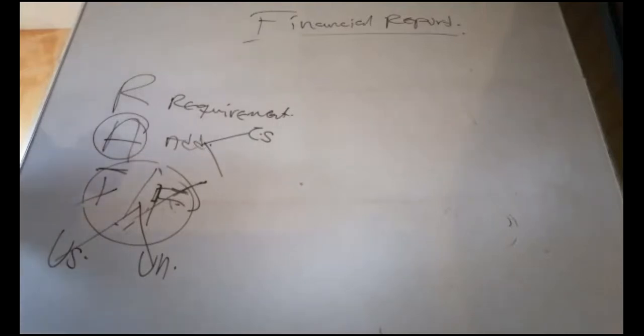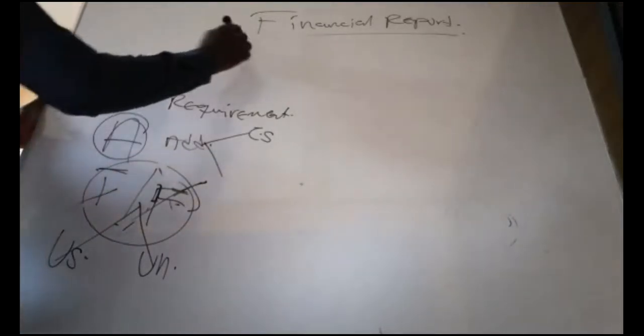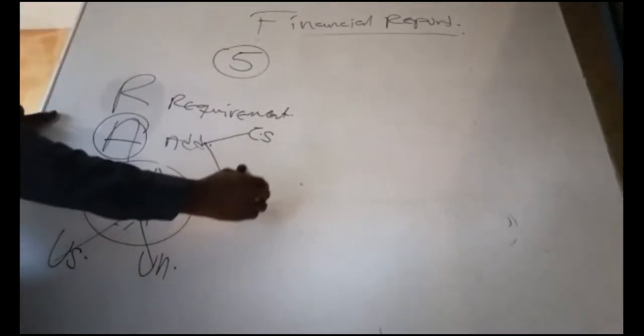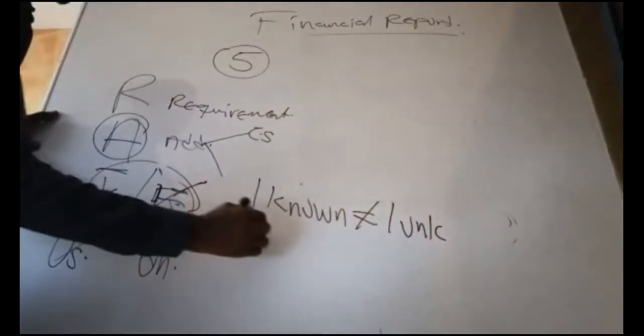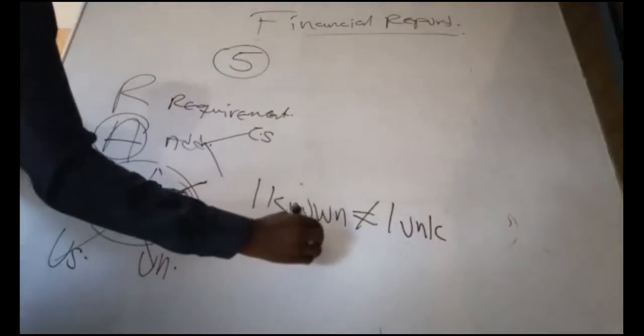Before you sit for the paper, kindly solve 5 questions under the same topic. There's another principle that says 1 known is not equal to 1 unknown, but 5 known is equal to 1 unknown.